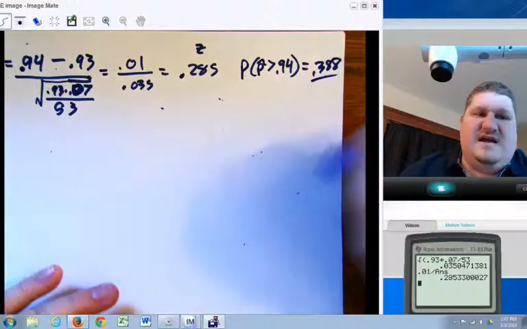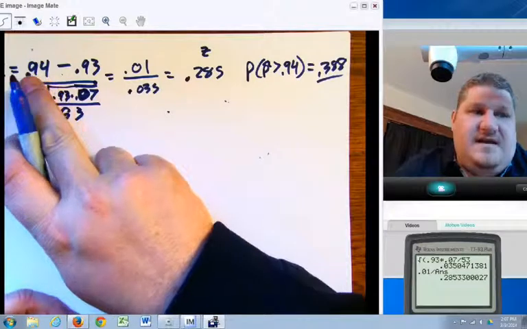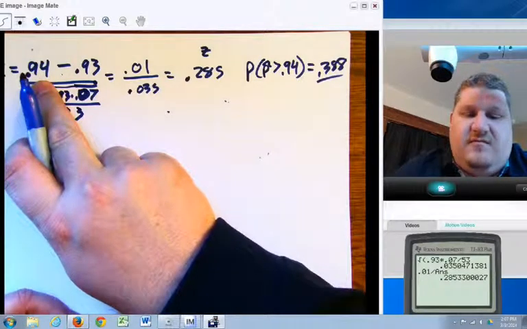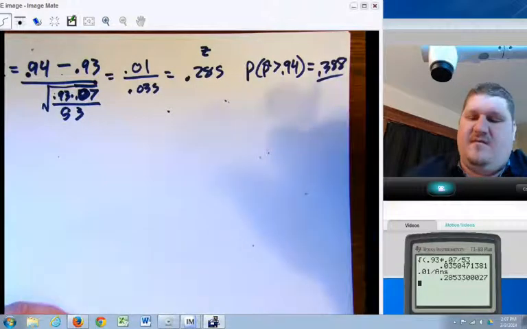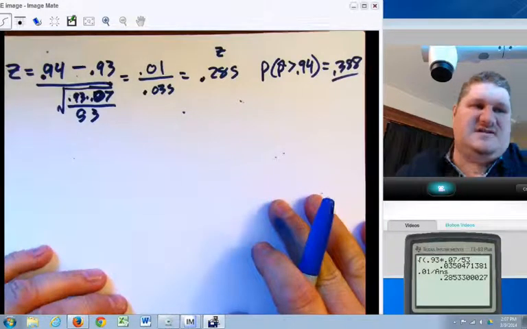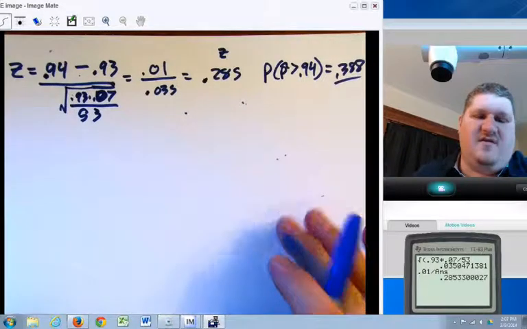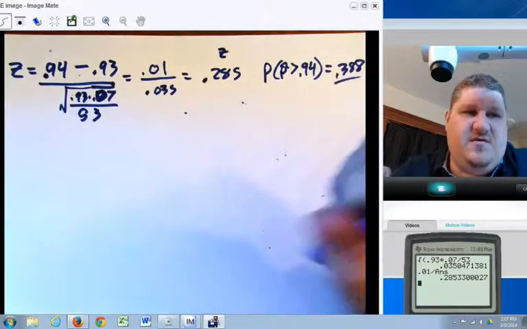So the chances that out of 53 households, 94% rather than 93%, 94% or greater, is about 39%. That's the chances. You'll notice it's the same z-score stuff, it's just with p-values using this formula right here.